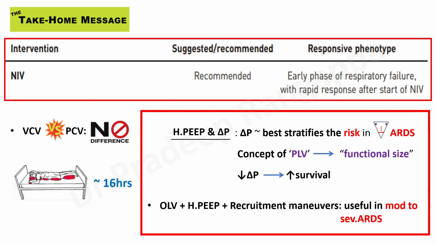And prone ventilation is needed in severe ARDS where PaO2 to FiO2 is less than 150 to 200 with an FiO2 more than 60% and with adequate PEEP. So that would be the summary of these particular challenges that we face with ARDS.